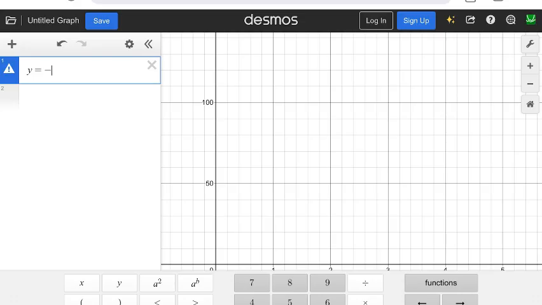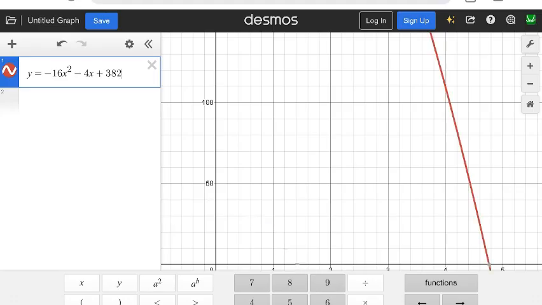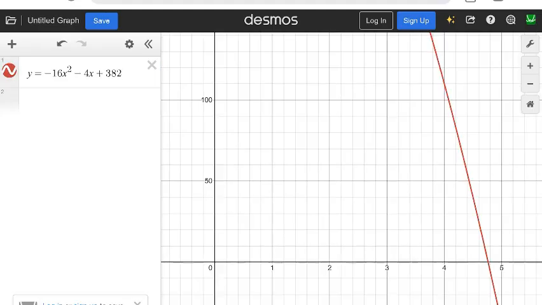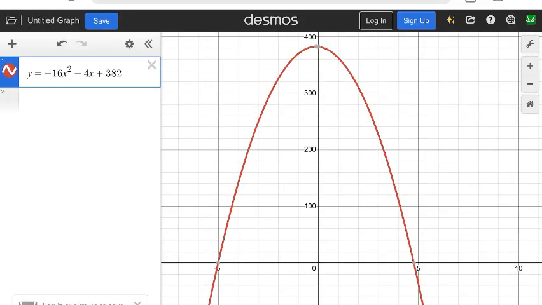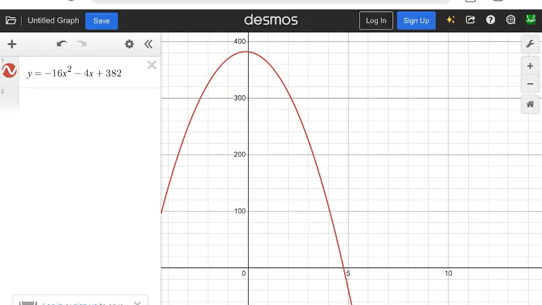Negative 16x squared minus 4x plus 382. Okay, so the window that we had made earlier doesn't work for this one. But we can look at it like that, right? We can zoom out a little bit.